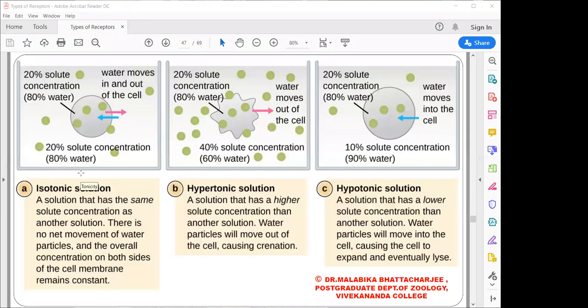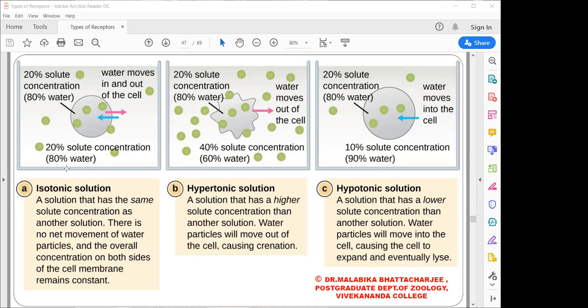Before going into the diffusion part, I'd like to give you a very rough concept about three categories of solution. One is the isotonic solution, the other hypertonic, and third, the hypotonic. Isotonic solution is a solution where, this is a cell, and the cell is placed in a solution.